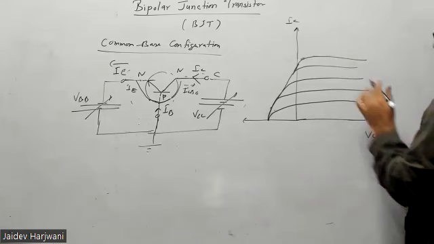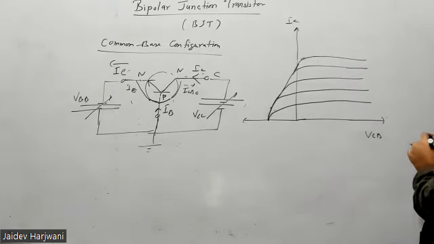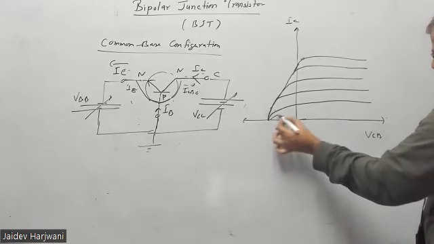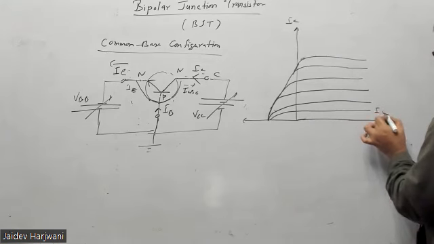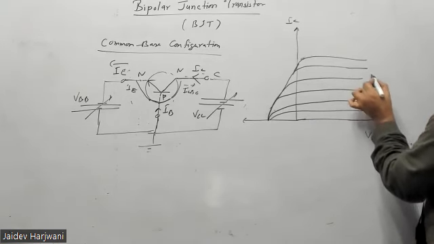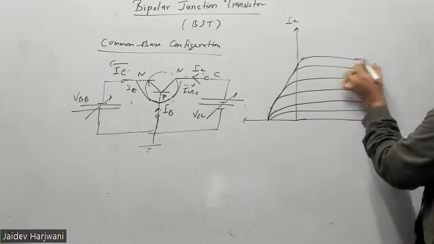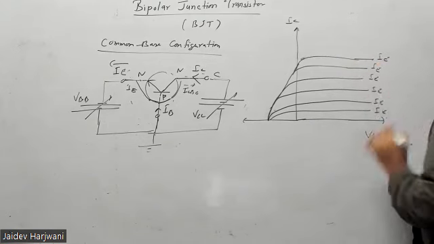Basically what I'm measuring is IC, keeping IE constant. So these are the IE values.